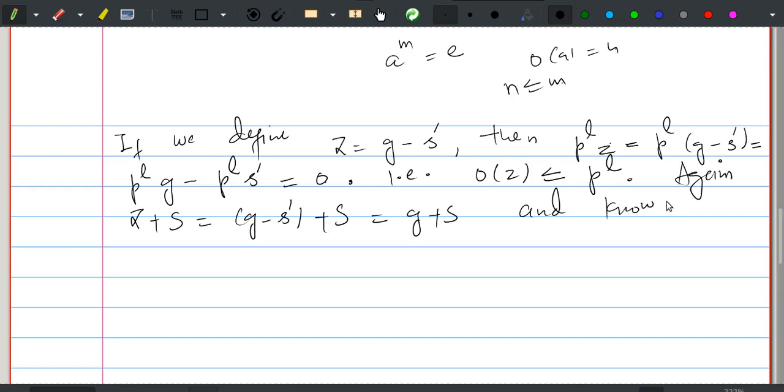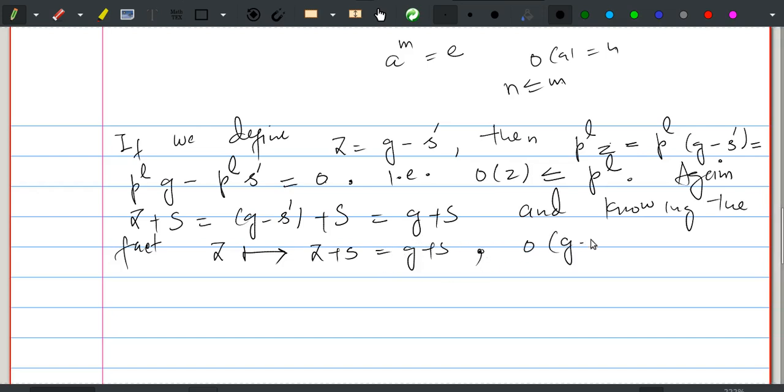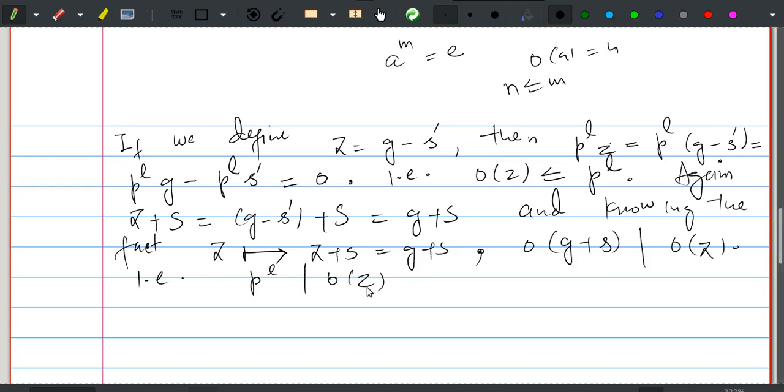Knowing the fact that this Z goes to Z plus S under the projection map, which is the same as G plus S, the order of G plus S must divide the order of Z. Now G plus S is G bar, so its order is p power L, and the order of Z is this thing.